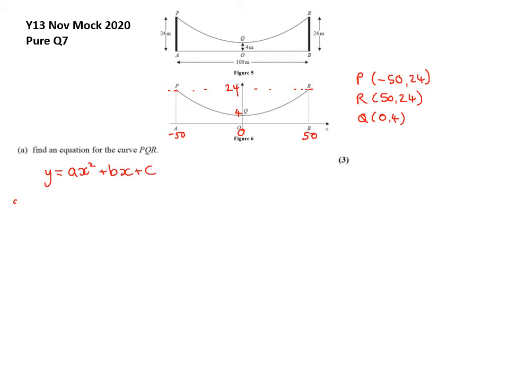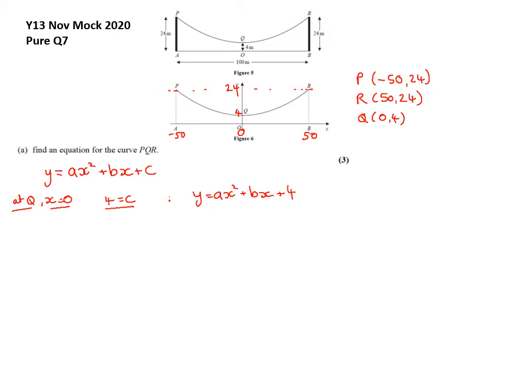I can see that at Q, when x equals 0, y would be 4, so I would have 4 equals c. So my curve is now y equals ax squared plus bx plus 4.